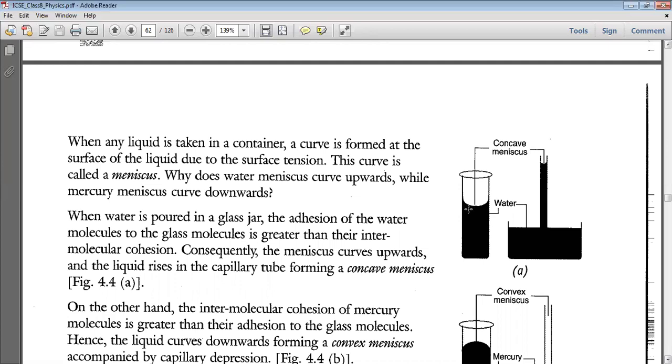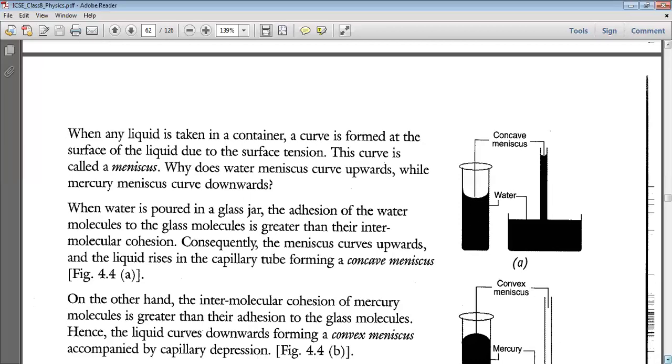But in the middle, the attraction between the water molecules, that is the force of cohesion, is very small, but the force of adhesion is very large. So the water level rises at the glass and dips in the middle. On the other hand, the reverse happens in case of mercury.